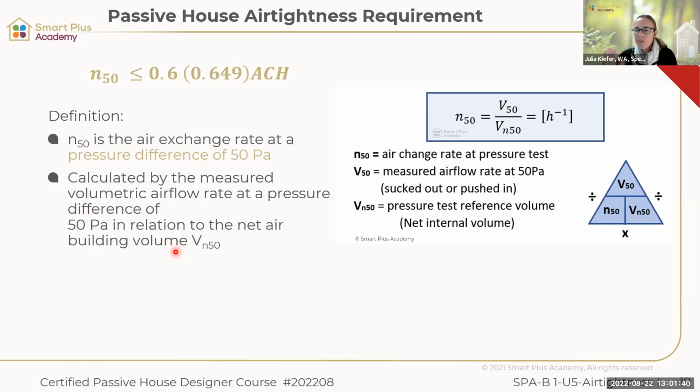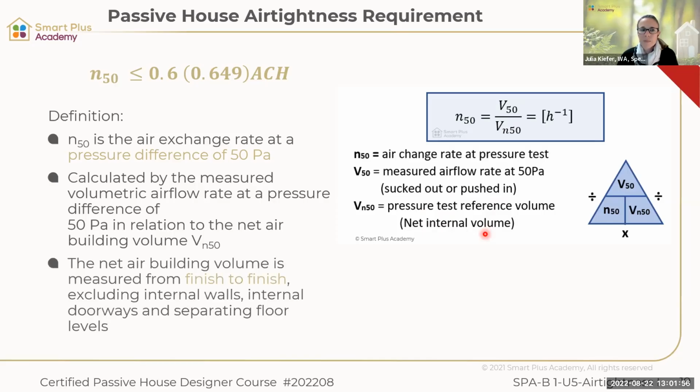You measure the amount of air that's going through that envelope, and by having those numbers, you can then define our N50 value. So it's our V50, that's our measured airflow rate, and our VN50, that's our reference volume, so the volume of our building. And the net air building volume is measured from finish to finish, excluding internal walls, internal doorways, and separating floor levels. So it's really just the air volume that's in your building.